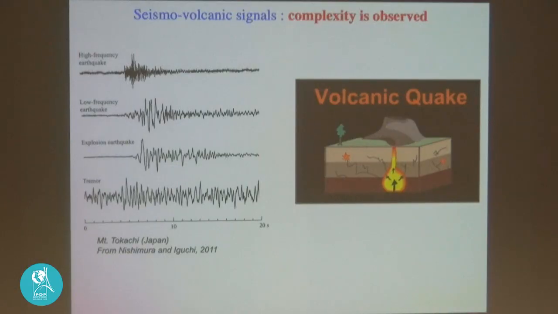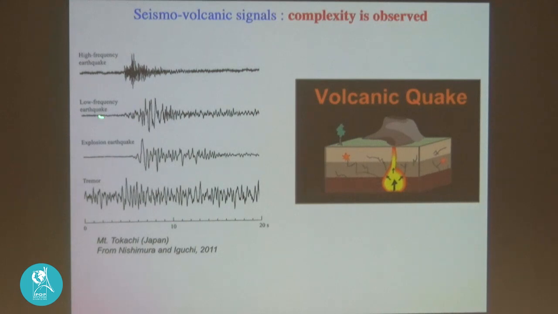So we all know that volcanic systems are complex. We also observe the same level of complexity in seismo-volcanic signals. This is just one very simple illustration of this complexity, from a textbook by Japanese authors, that shows different types of volcanic earthquakes.